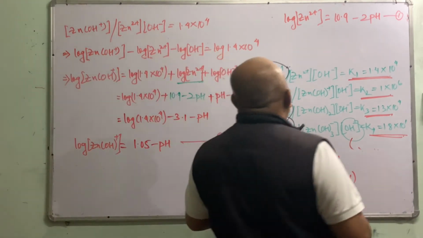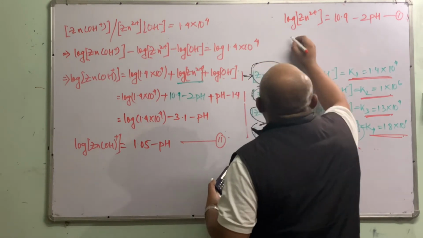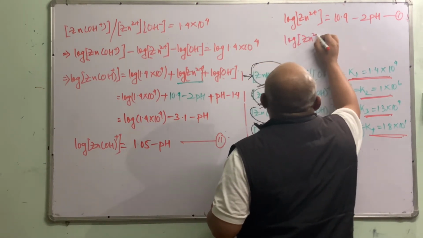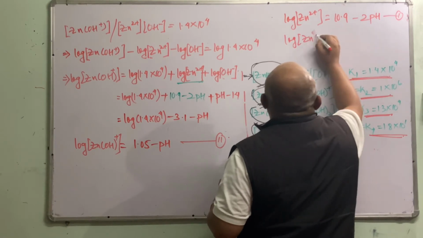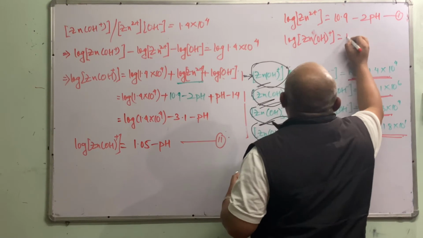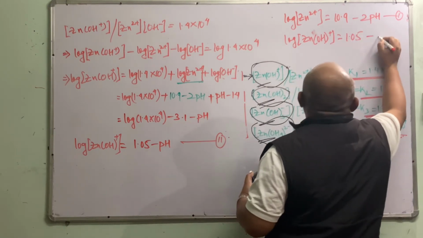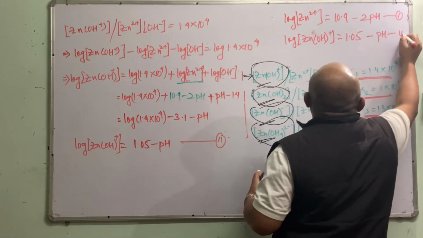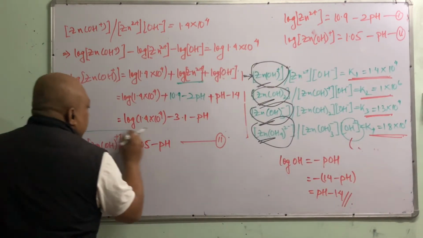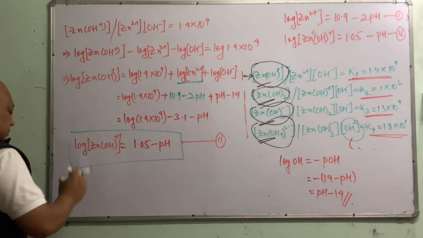Please check it out again. So number two is log of ZnOH+ is equal to 1.05 minus pH. Okay, so this is the second equation. Please note it down. Is it clear?